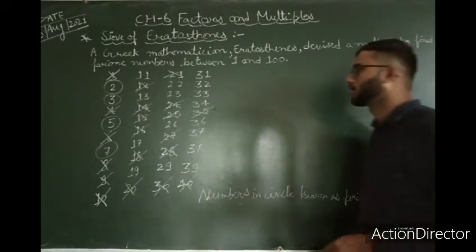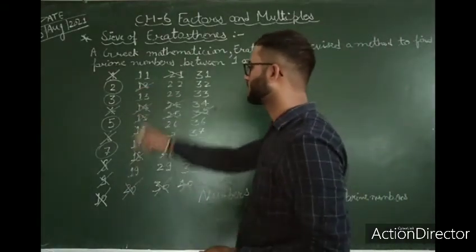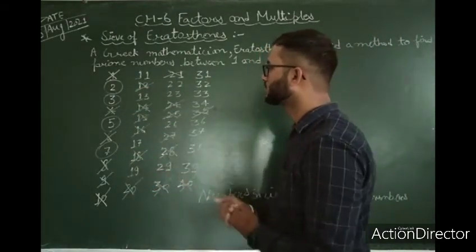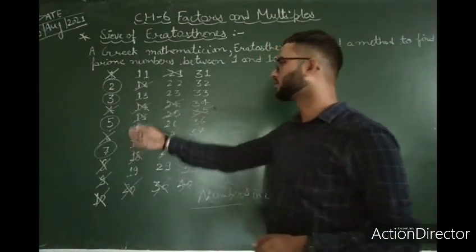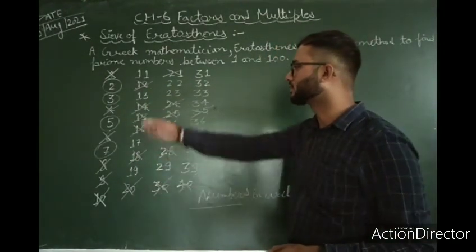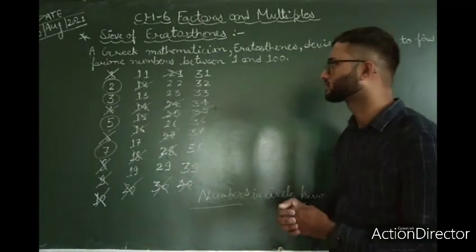Right? And numbers which we cross out here are known as composite numbers. So the numbers which we circle are prime numbers, and the numbers which we cross out are composite numbers.